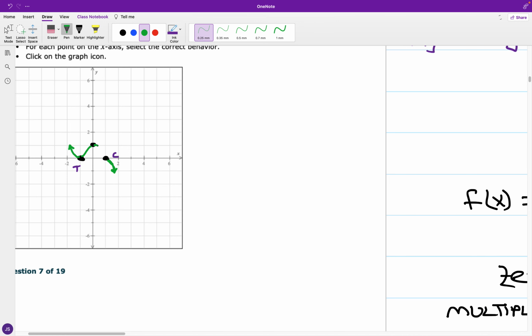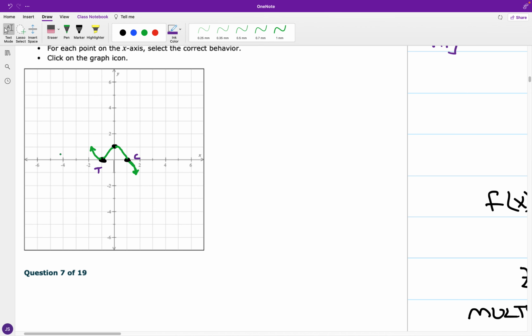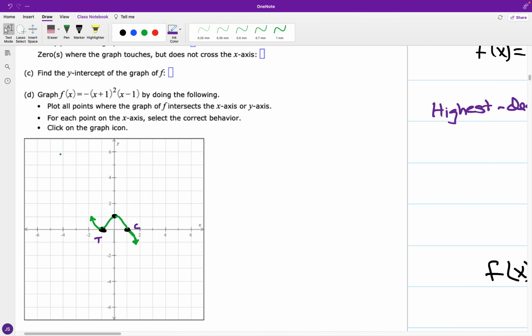Somewhere along the line, it's going to start to descend and cross the x-axis at x is equal to 1. And again, with your end behavior, you have rising to the left and falling to the right. That would be the behavior for this particular function.